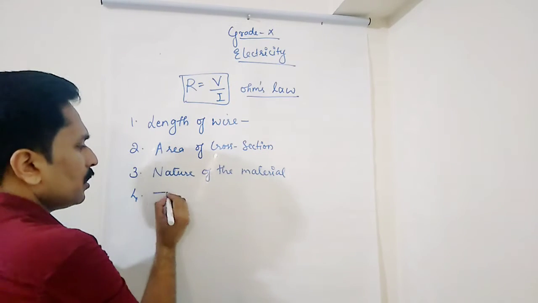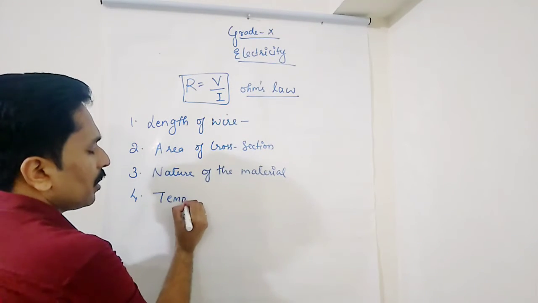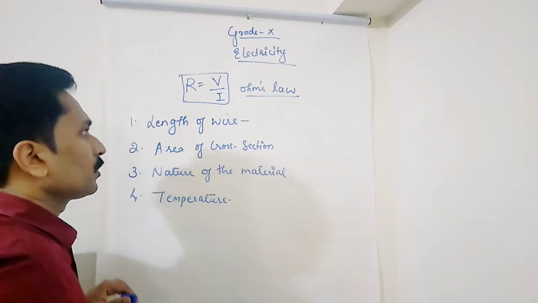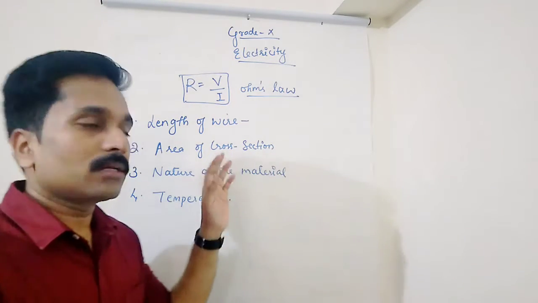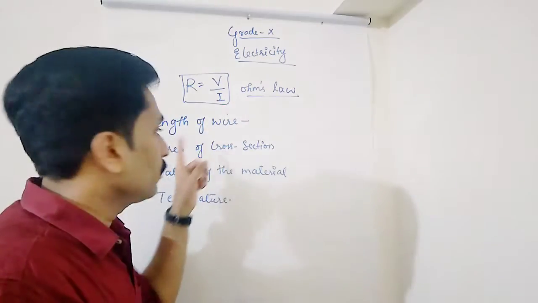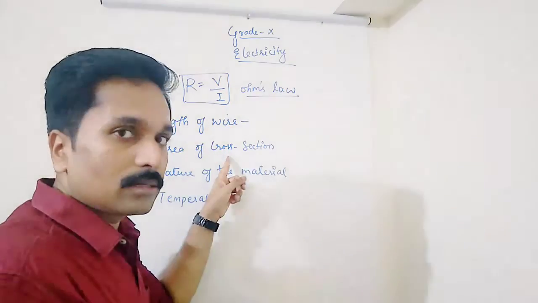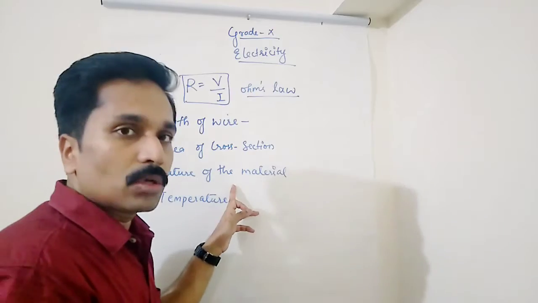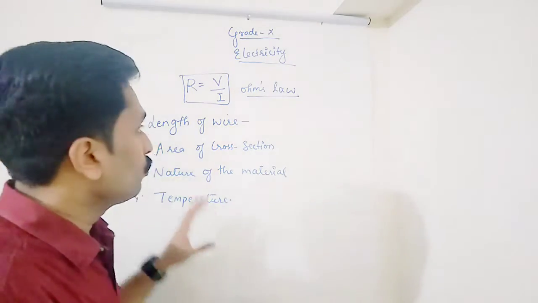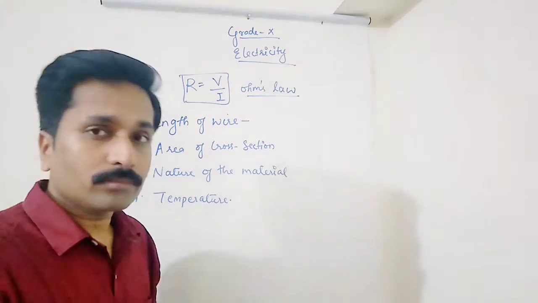And the fourth one is there, but I said the main ones are three, the temperature part. So the factors affecting the resistance of a conductor are: length of the wire, area of cross section, nature of the material, and the fourth one is the temperature. We will be focusing on these three.